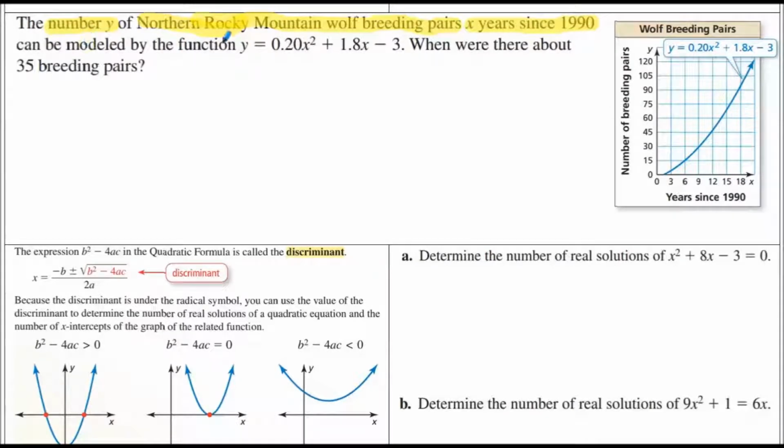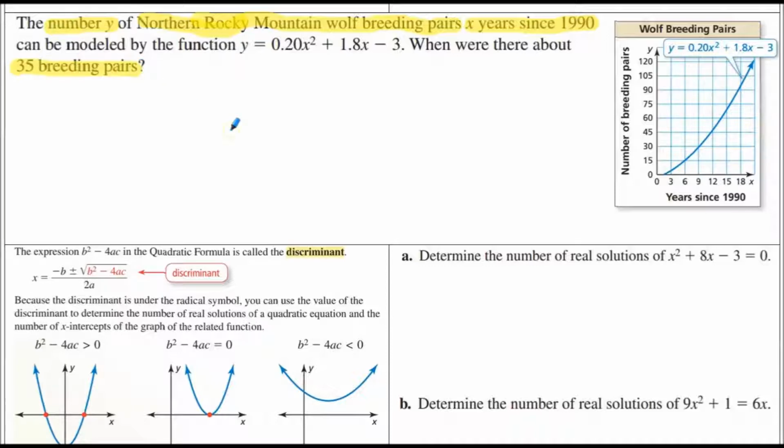It can be modeled by y, which represents the wolf breeding pairs, equal to 2/10 or 20/100 x squared plus 1.8 times that many years since 1990 minus 3. When were there about 35 breeding pairs?